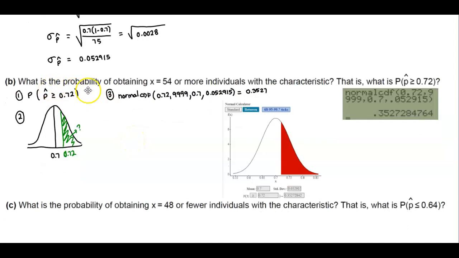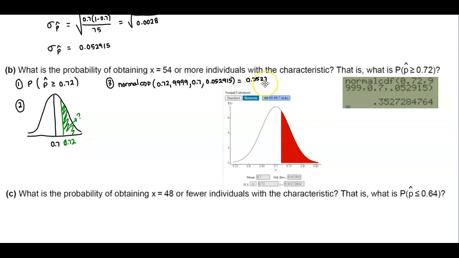So to answer the question, the probability of obtaining X equals 54 or more individuals with the characteristic, which is the probability of the sample proportion being greater than or equal to 0.72, is 0.3527.